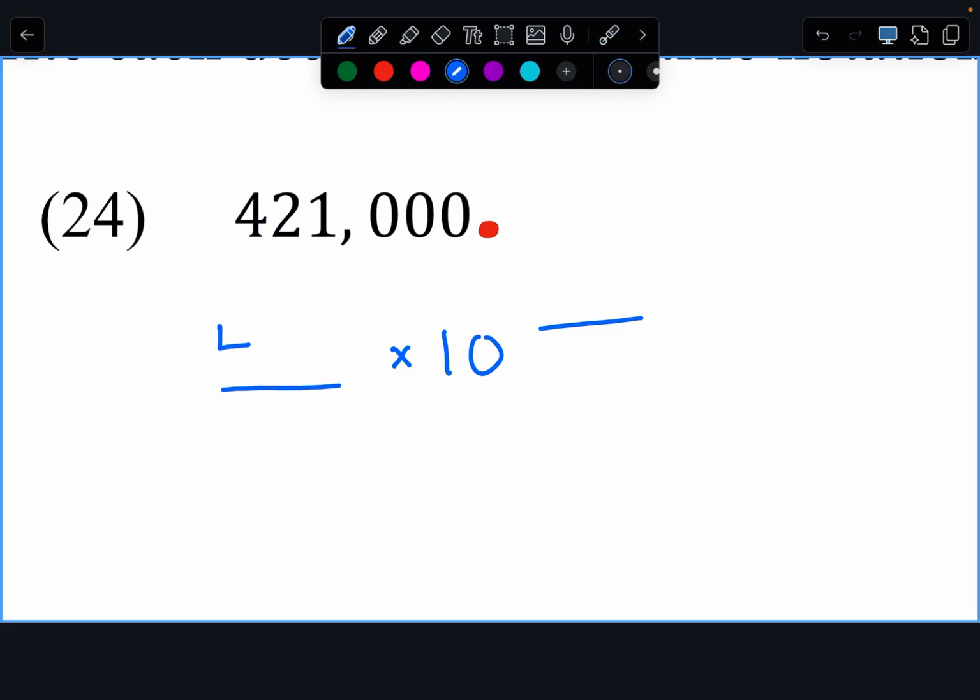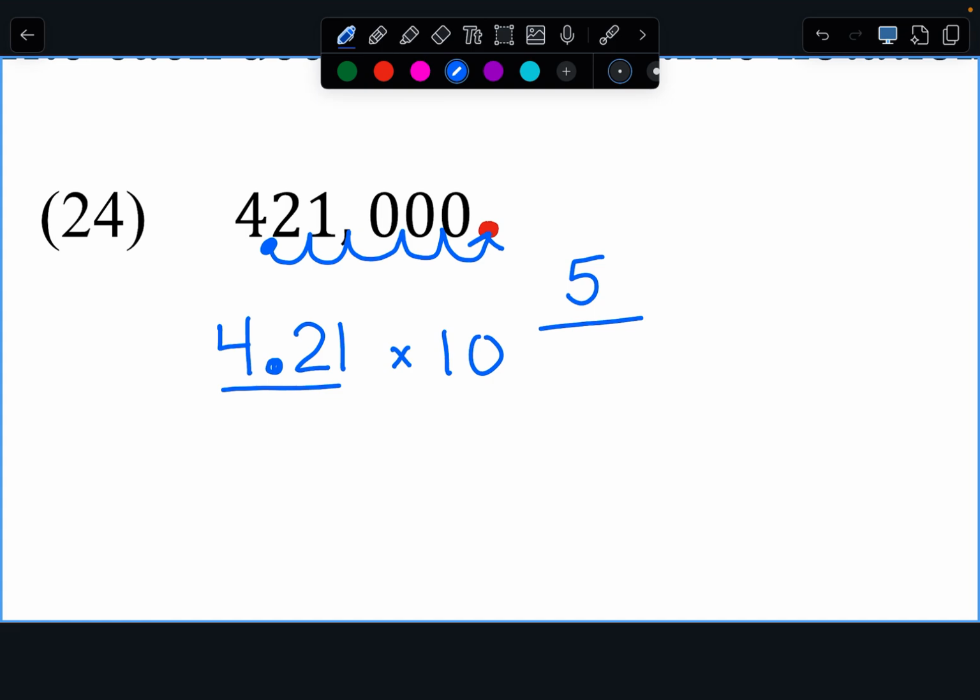So we can write this as 4.21. And how many places did we have to move it? 1, 2, 3, 4, 5. 4.21 times 10 to the 5th. Because I moved it right 5 places, I made it a bigger number.